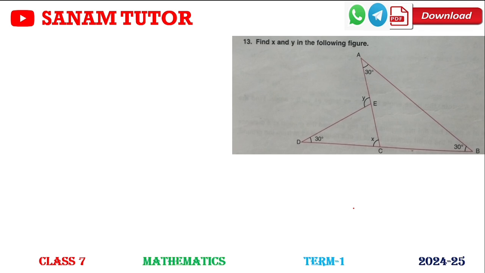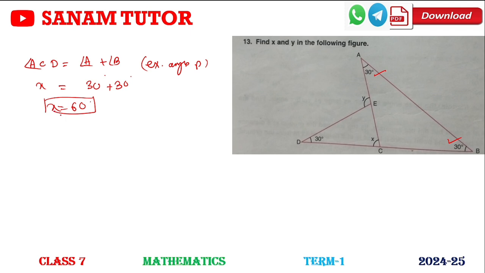Okay. So tell me what is the value of x. X means this angle plus this angle because of the exterior angle property. So we can write ACD is equal to angle A plus angle B, exterior angle property. Yes or no? So in place of ACD we can write x is equal to 30 plus 30, that is 60 degrees, means x equals 60.